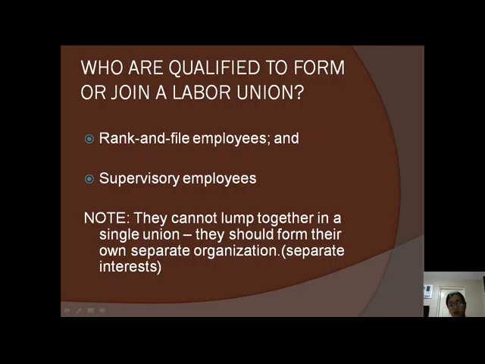So, for rank and file employees or ordinary workers, they can form or join a union in their own class, meaning they are all rank and file employees. Supervisory employees can form or organize a union wherein their members are also all supervisory employees. Of course, managers are not allowed to form or join a union.